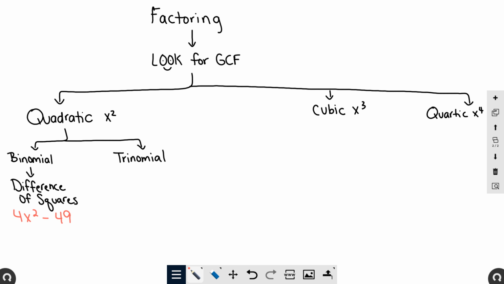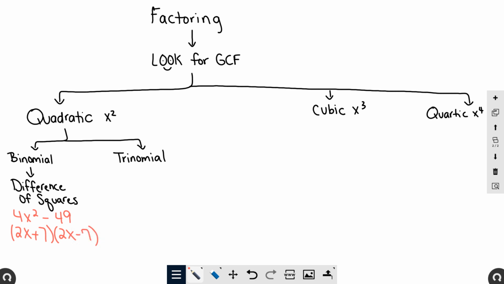Perfect squares. So a good thing to do in your calculator is to go to y equals and type in x to the second power, because that'll give you a list of squares to make sure that those are perfect squares. So 4x squared minus 49 factors how? 2x plus 7 and 2x minus 7.